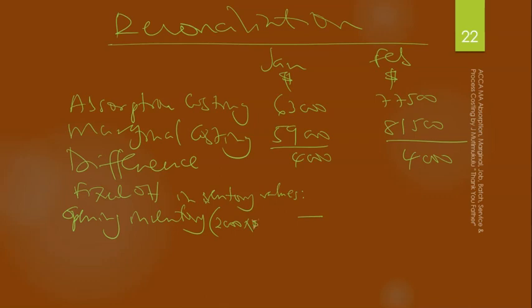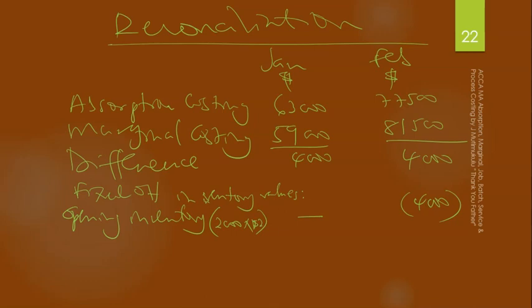So that's multiplied by 2, which gives us 4,000, which should be deducted in February. So it accounted for that difference.